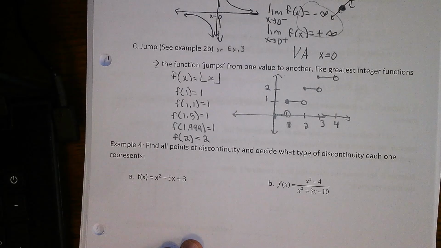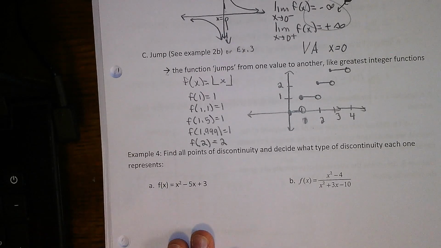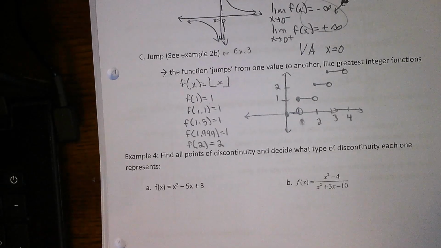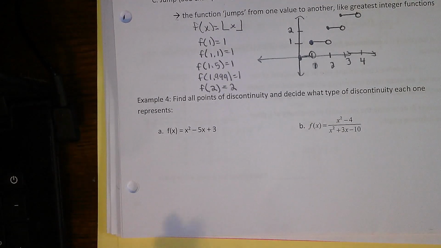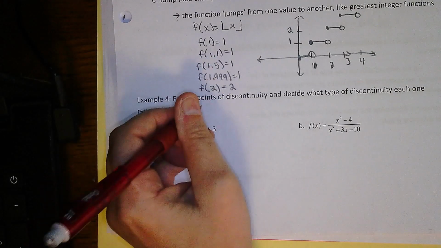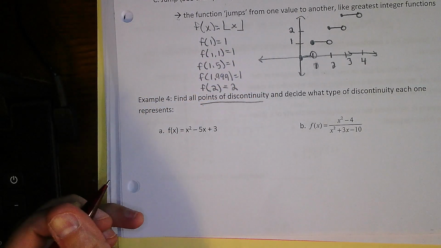Now, example 4 says, find all points of discontinuity and decide what type of discontinuity each one represents. You have to always explain yourself. Remember the test for discontinuity?